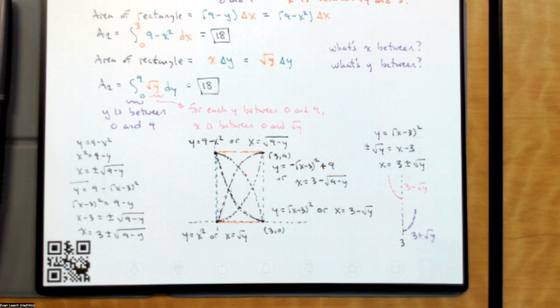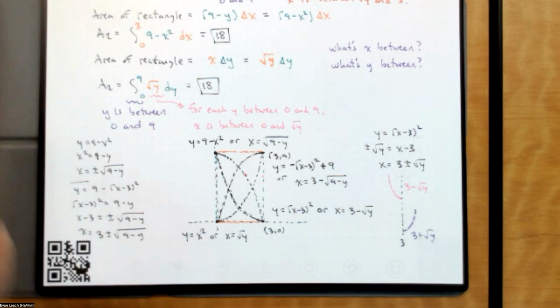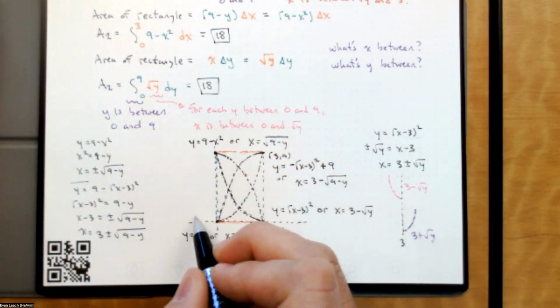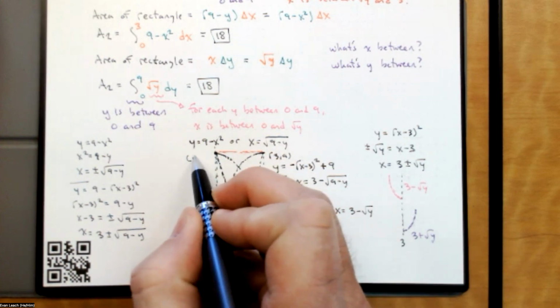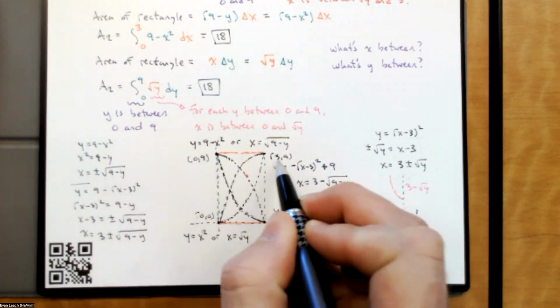Any questions? That's just putting a vertex at one of these four corners. 0, 0. Here's the vertex at 0, 9. Here's the vertex at 3, 9.